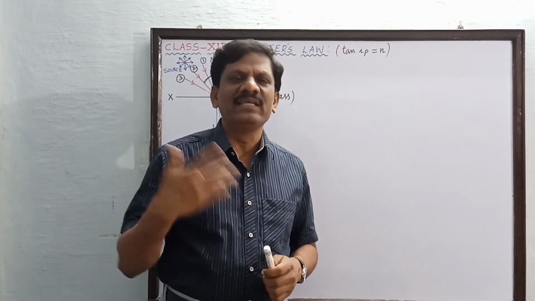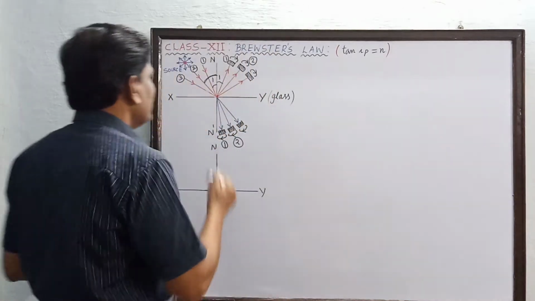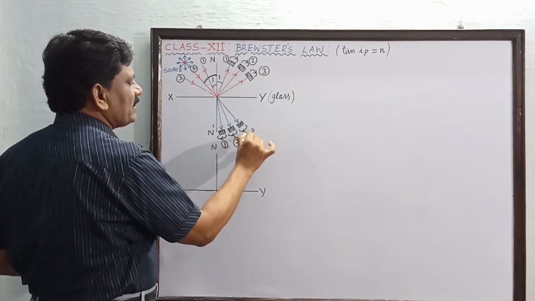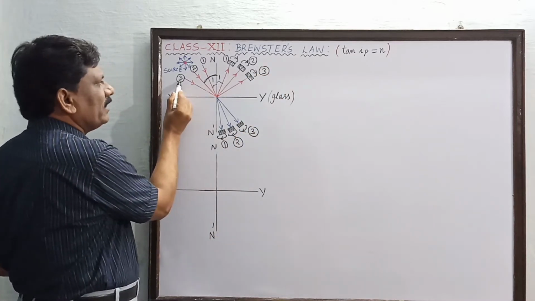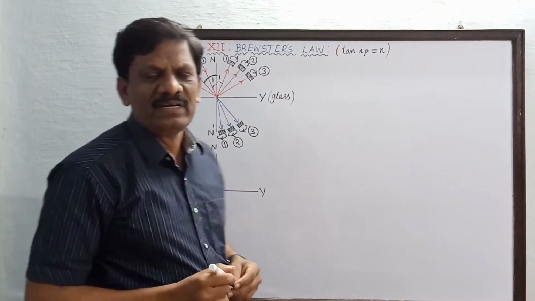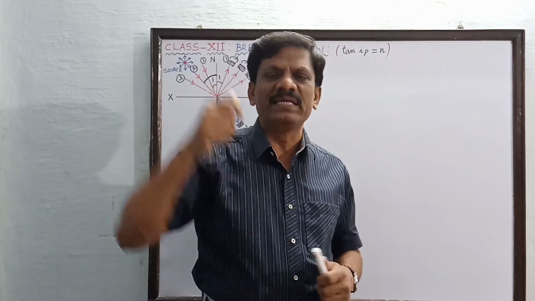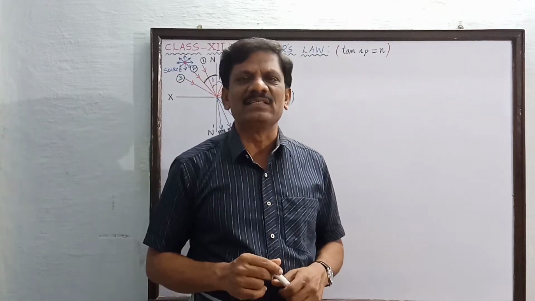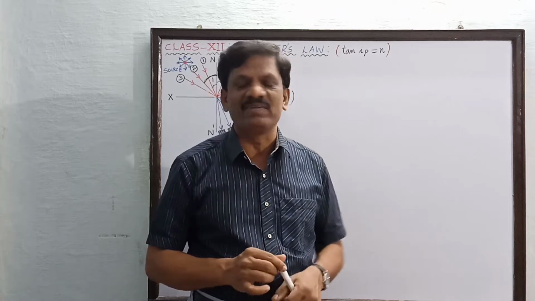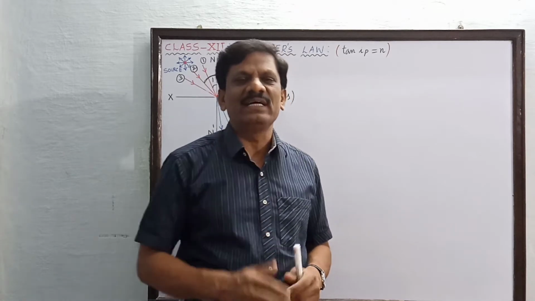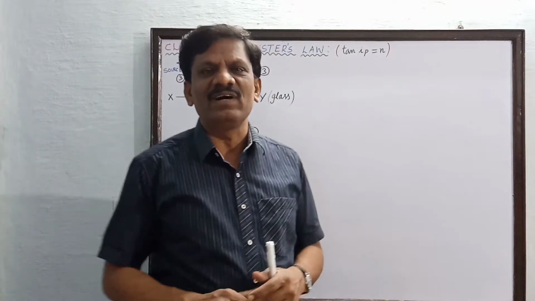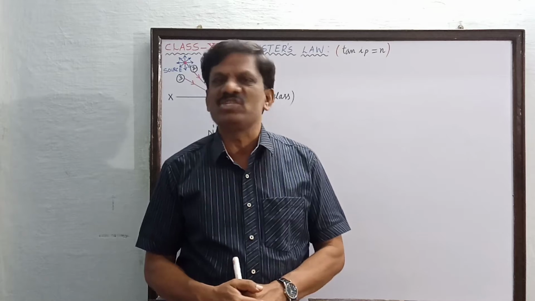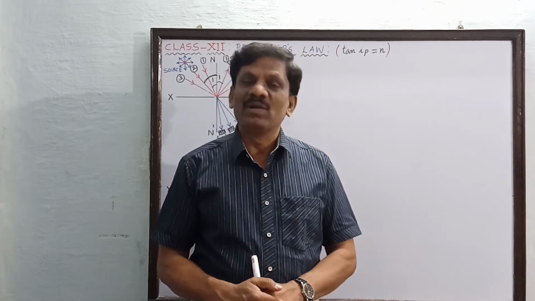Like this, he repeated by taking the other reflected rays, and analyzed the reflected rays and the refracted rays corresponding to the third incident ray. Every time he analyzed using a tourmaline crystal, only for one particular angle of incidence he found that the reflected ray was completely plane polarized, 100% polarized.